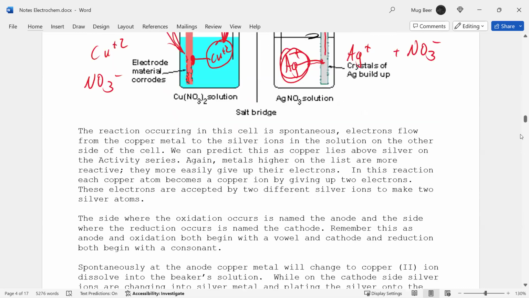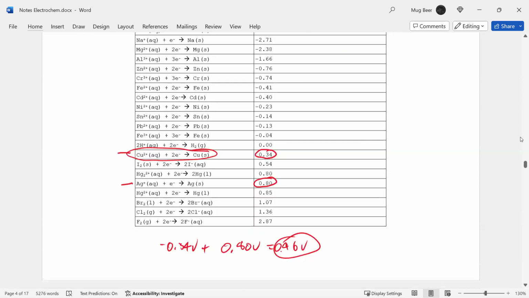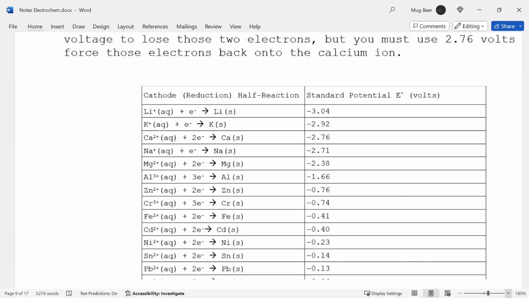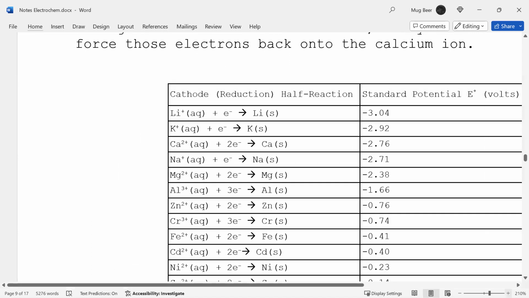If I go down to the other activity series with numbers on it, look at this voltage. That other battery that we made was, what was it, a crappy 0.46 volts. This is a half reaction producing 3 volts of electricity. So if you allow a lithium atom to release its electron, it will also give you 3 volts of electricity.